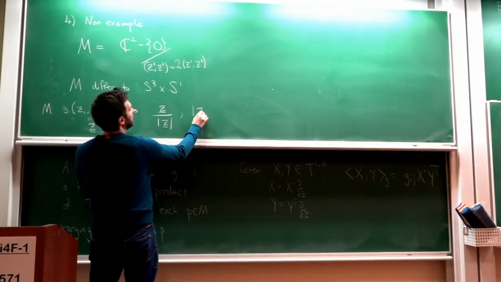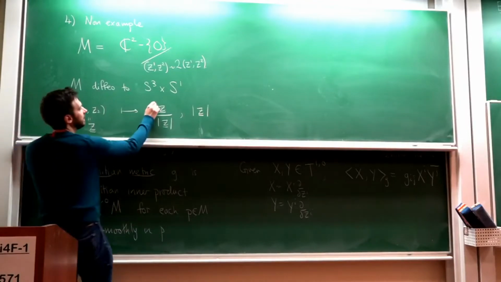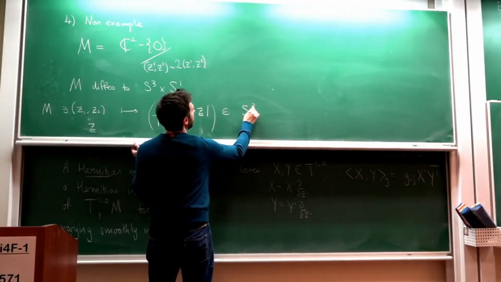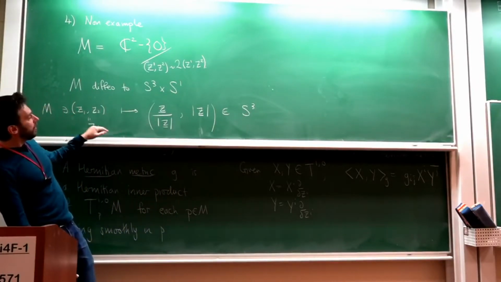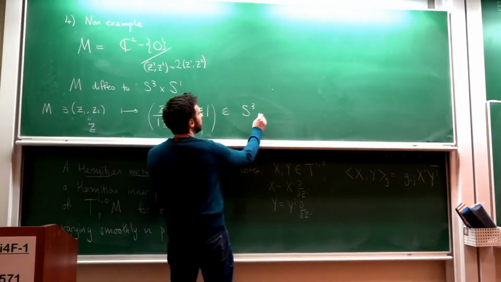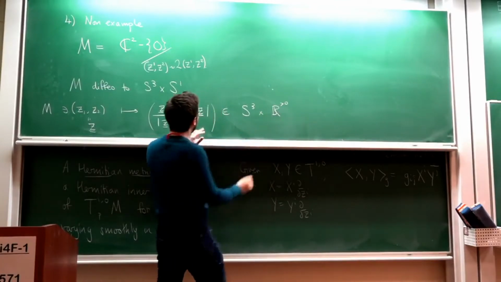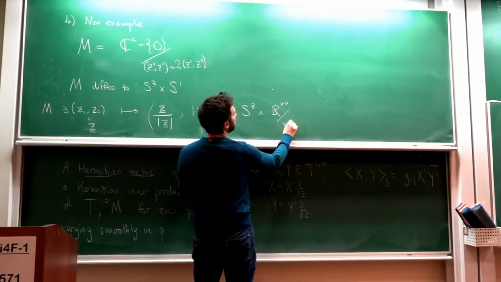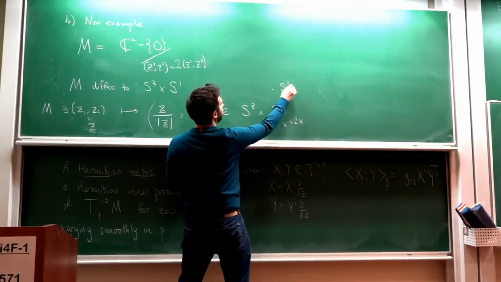This is now a unit vector in R4, so I can think of it as an element of S3. And the length of z is just a real positive number, but it's only defined up to factors of 2, so I have to quotient out by x goes to 2x, but this is just a copy of S1.